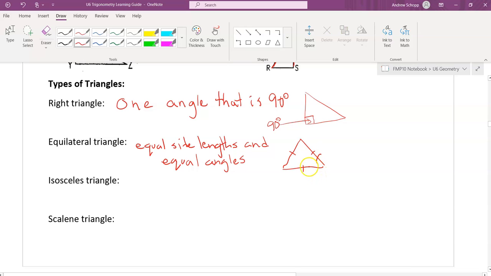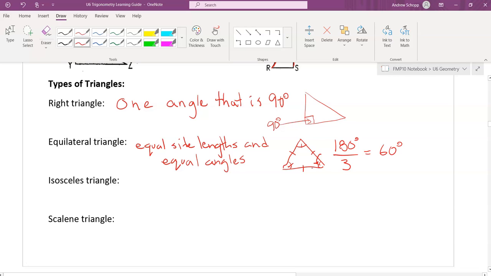And what would the angles be? If we know that each of these three angles are the same, what would they be? Well, if they're all equal, and we know that all three of them add up to 180 degrees, we could divide that by 3, and we would get 60 degrees. So all equilateral triangles have equal side lengths and equal angles. The angles are 60 degrees.